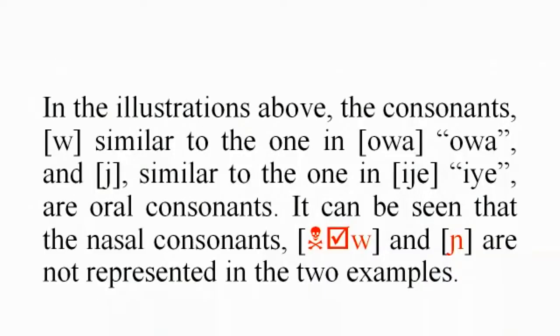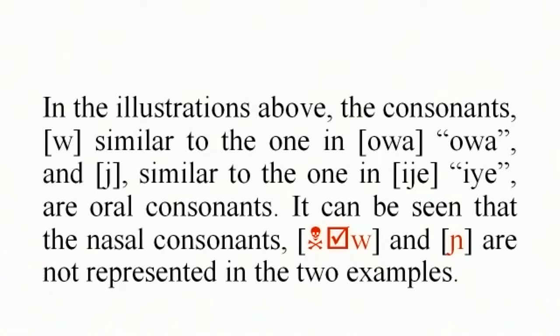So, in the illustrations above, the consonant "we" is similar to the one in Owa, and the consonant "ni" is similar to the one in Inya, and other consonants. It can be seen that the nasal consonants "we" and "ni" are not represented in the two examples.